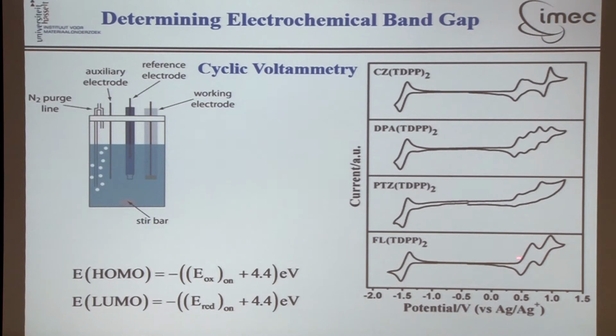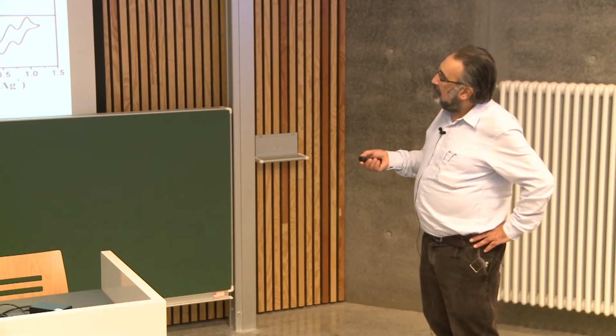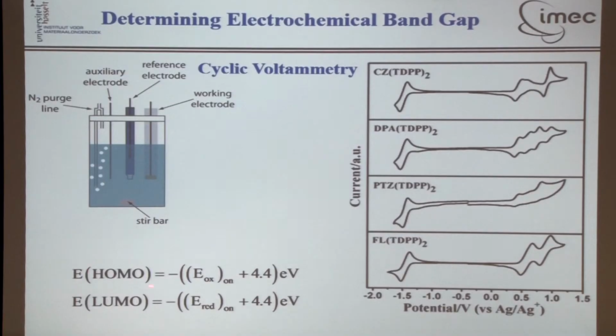Now the onsets of these oxidation potentials can be translated. Let's say this is not rocket science. You have to look at it as a kind of empirical formula, but this can be related to the HOMO level and the LUMO level.